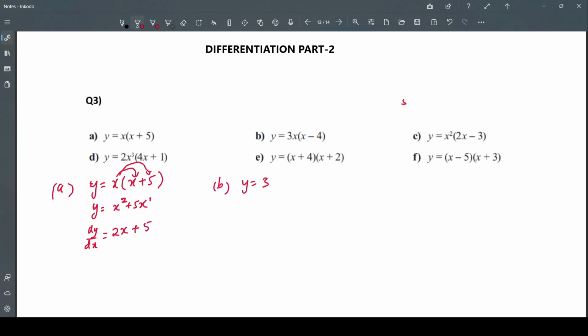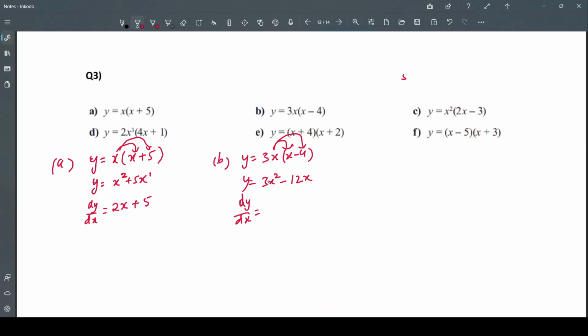y equals 3x times x minus 4. The same way, we'll be expanding the bracket. So 3x square minus 12x, as 4 times 3 is 12x. Now we can differentiate with respect to x. Here 3 times 2 is 6 and x to the power 1, because 2 minus 1 is 1.